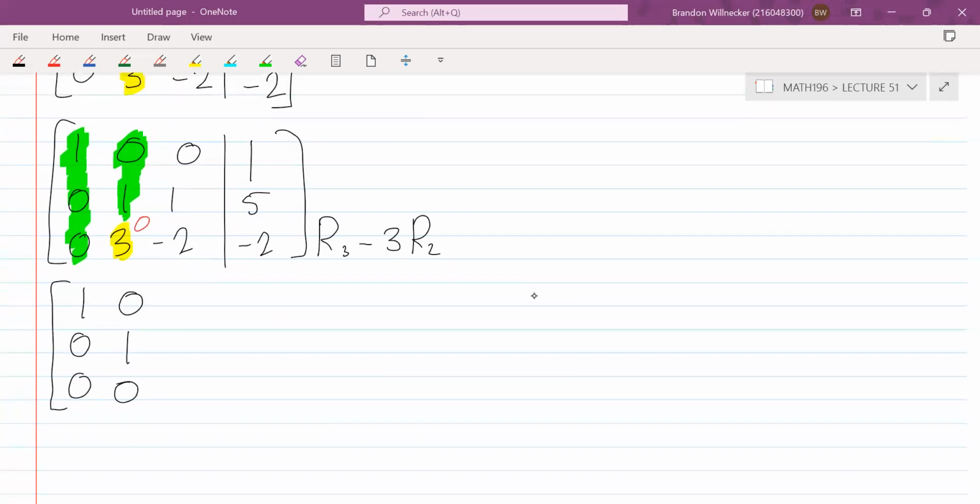And now we're going to have minus 2 minus 3. So minus 2 minus 3, it's going to be minus 5. Okay, these other ones stay the same. That stays the same, 1, 5. And then we're going to have minus 2 minus, over here, minus 2 minus 15.